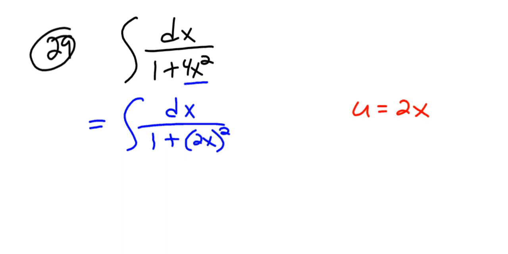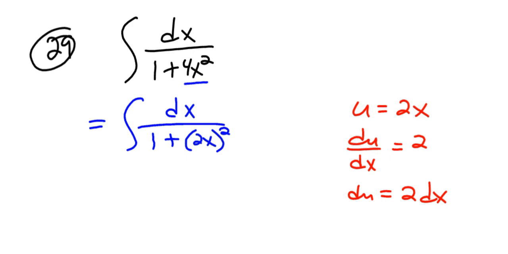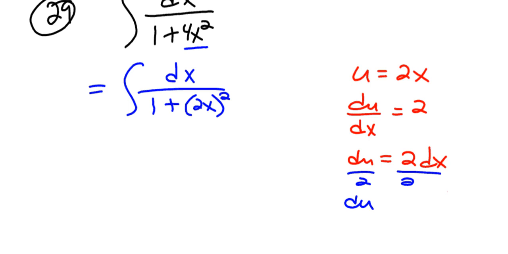I take the derivative of this, and I see it's 2. Solving for du, I get 2 dx. Like I said though, we don't have a 2 in there. We can just divide both sides by 2, and we now have du over 2 is equal to dx.